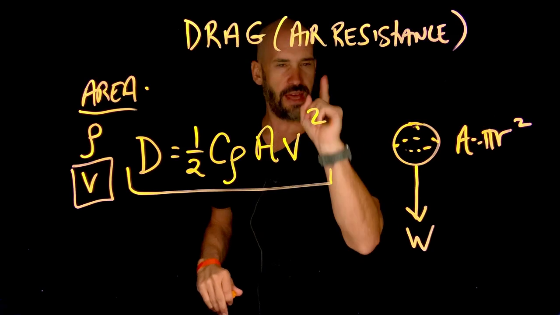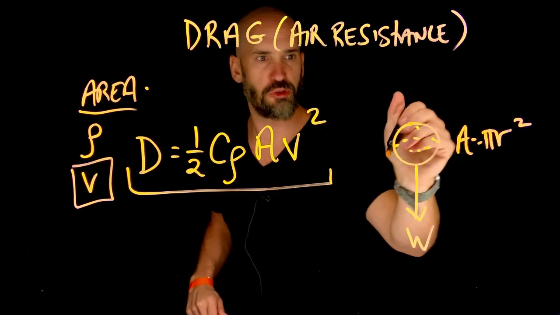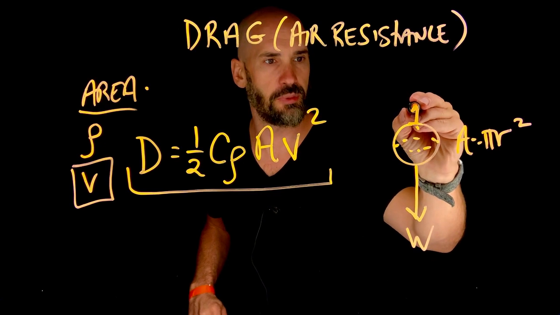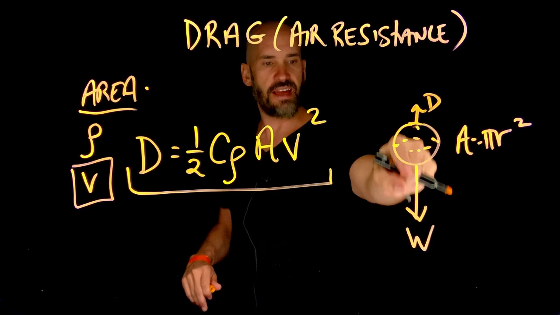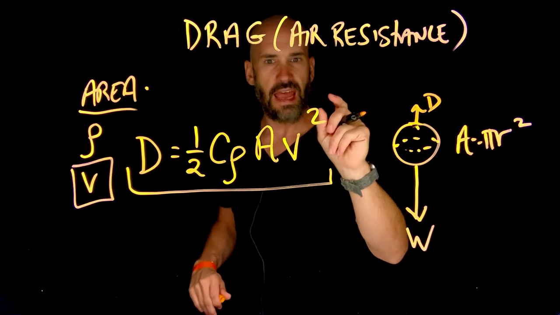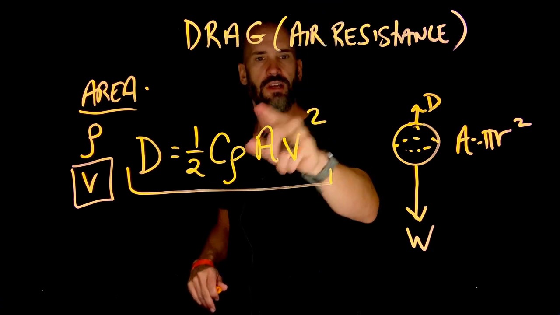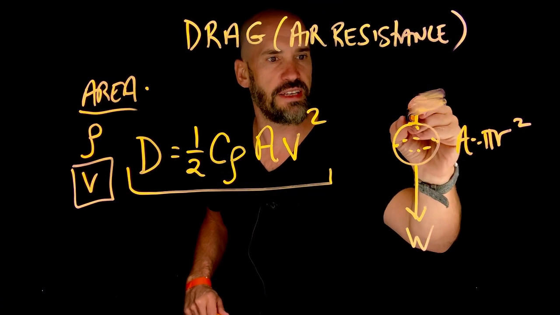But then it starts to accelerate, and now I do have a velocity, so the drag force gets a little bit bigger. I'm going to put a little d. And as this guy accelerates, he is getting faster still, which means velocity is even bigger, which means the drag force is even bigger.